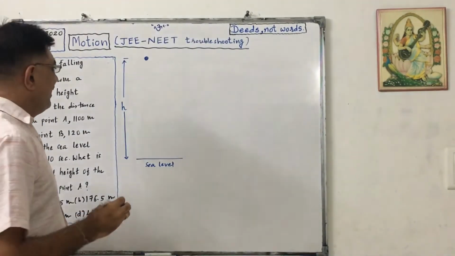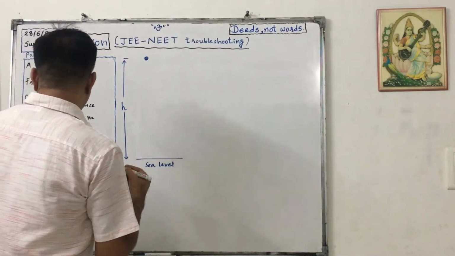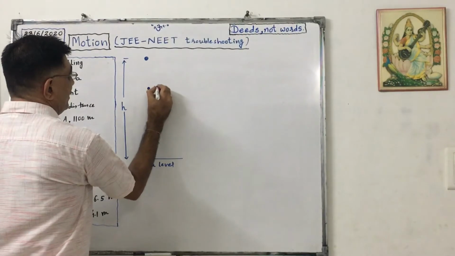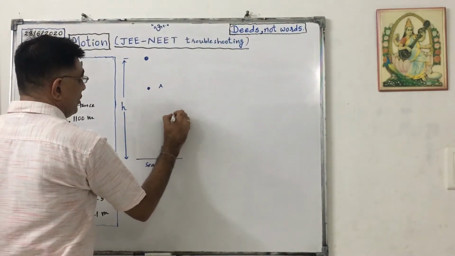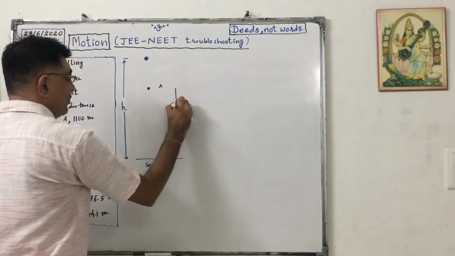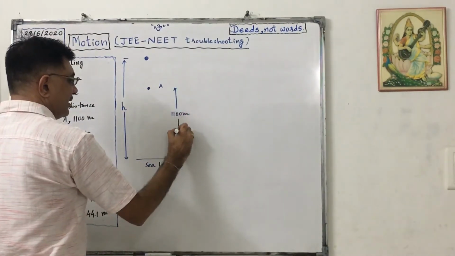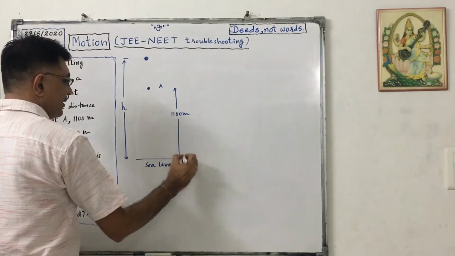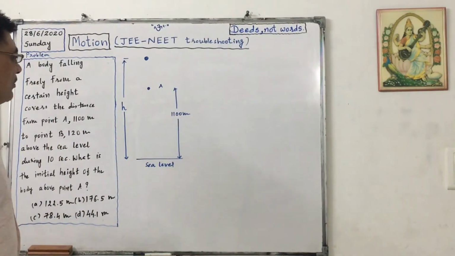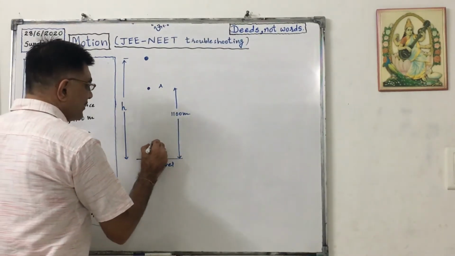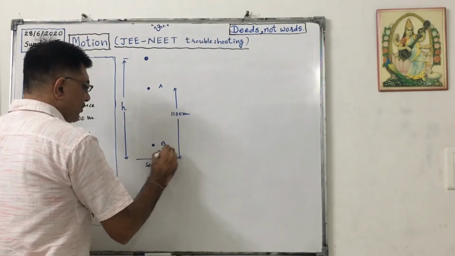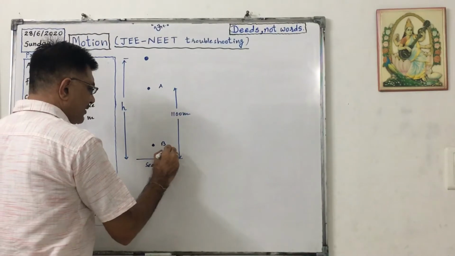And it reaches point A, that is 1100 meter above sea level. And then point B, 120 meter above sea level.